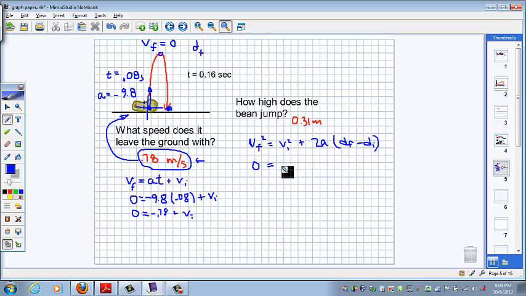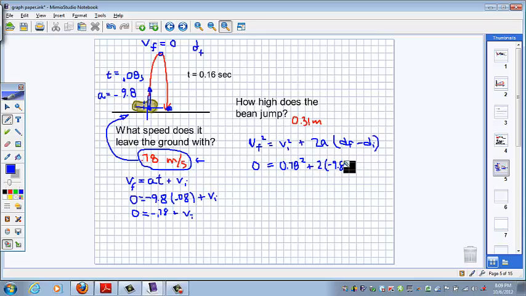Our initial velocity, we said, is 0.78. We'll be squaring that because that's what the equation says to do. Plus 2 times our acceleration, which is minus 9.8, because presumably this beam is on Earth.